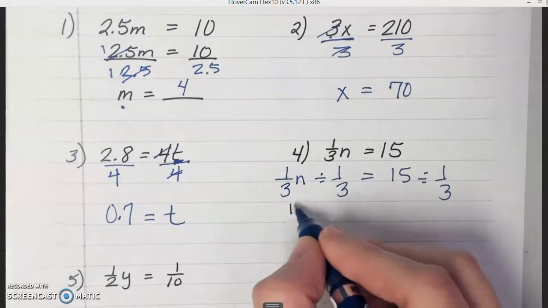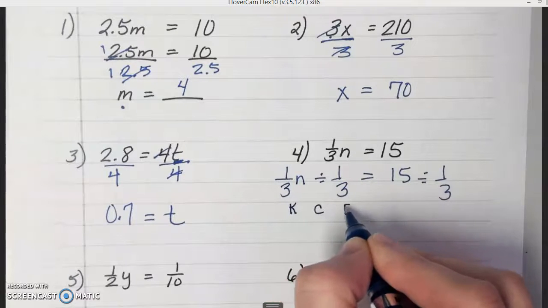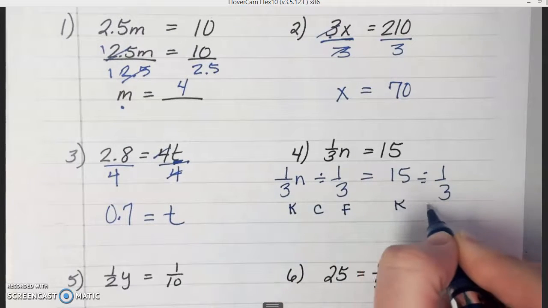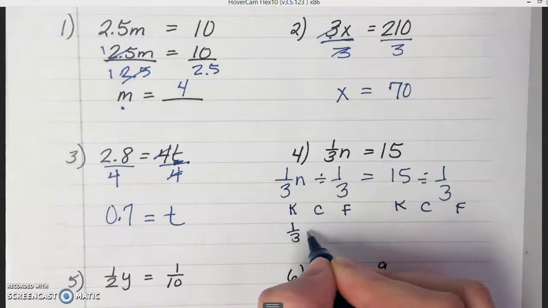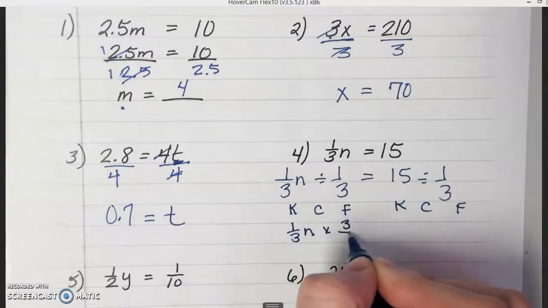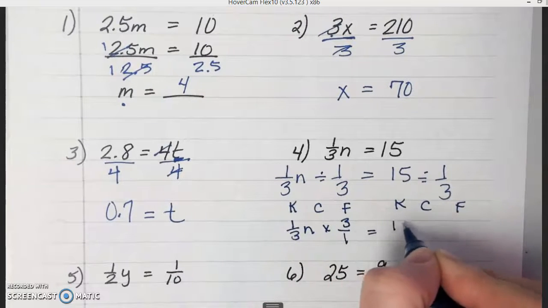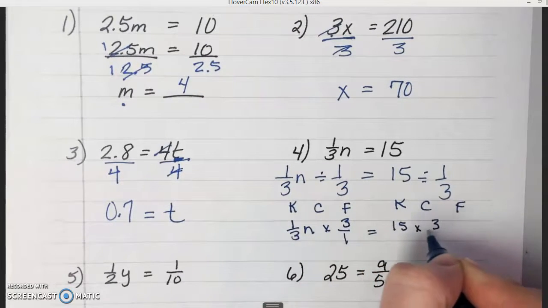So I'm going to have to keep it, change it, flip it. So 1/3 n times 3 over 1. And over here I have 15 times 3 over 1.